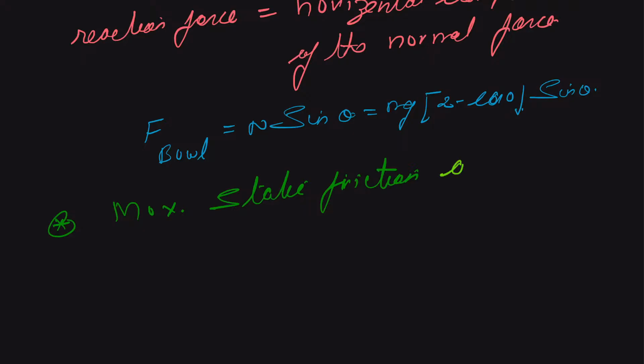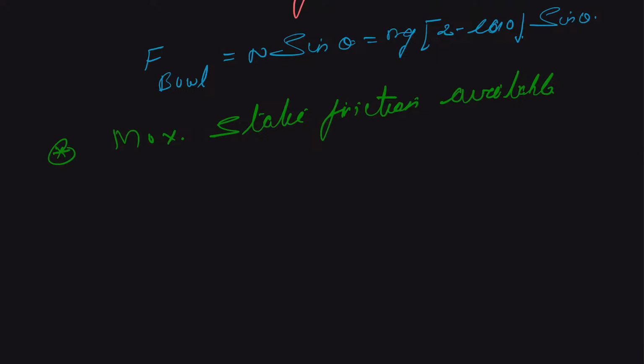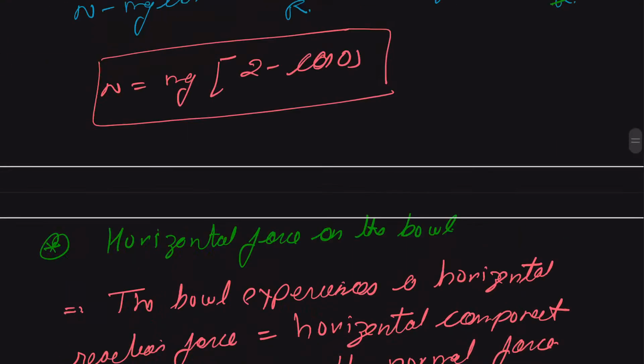Let us call this F max. F max will be equal to the coefficient of friction times the normal from the table, and the normal from the table will be the weight of this.